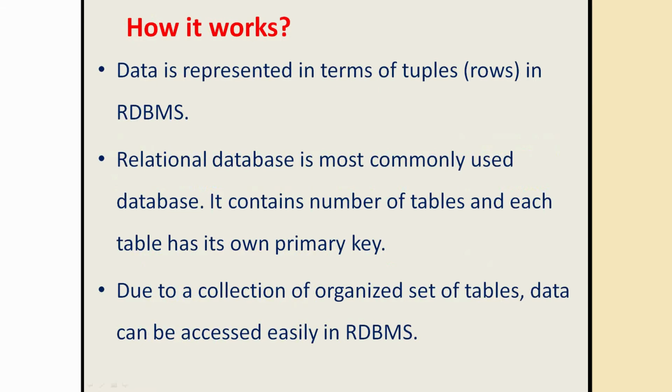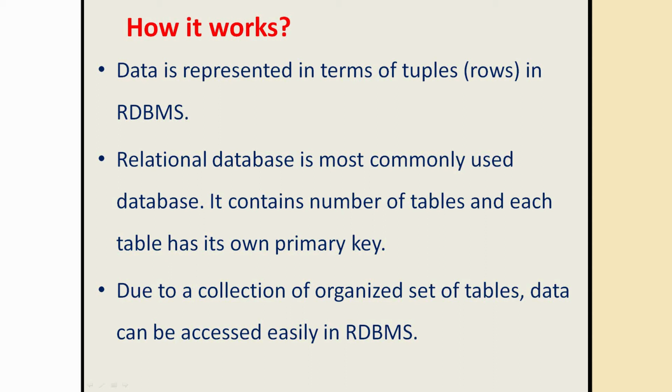So how does it work? In the relational database model, the data is represented as tuples in a relational database management system. A tuple is nothing but a row in a table.